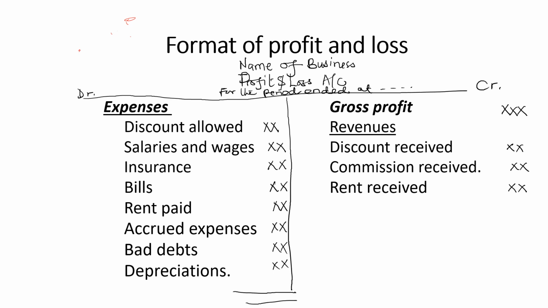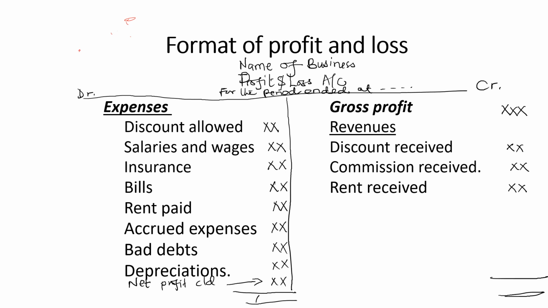And now, for us to realize the net profit, the credit side must be greater than the debit side, and we'll have the net profit on the expenses side. Net profit carried down, then you also write it there.